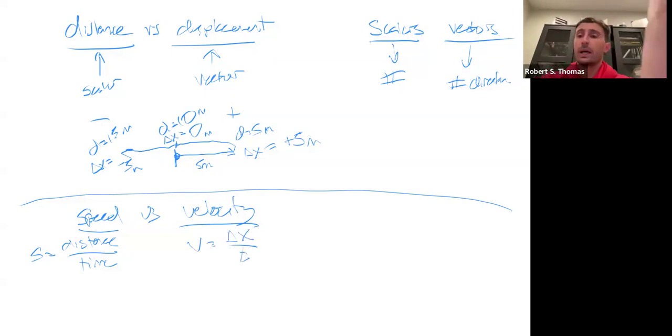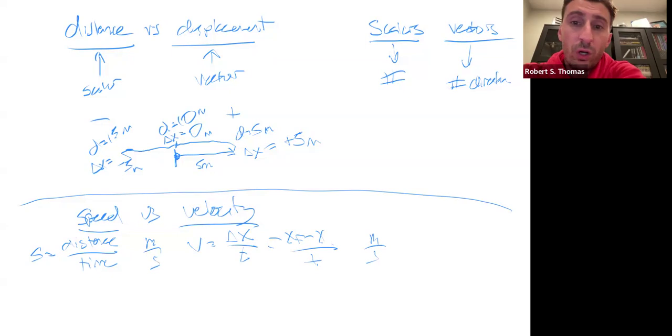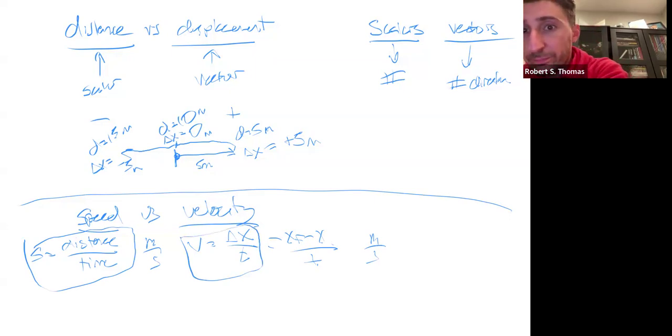And we can expand that out to x final minus x initial over time. These are both in meters per second as our base unit. And this one is always positive because it's a scalar, and this one has a unit of direction, so it can be positive or negative, okay? So what's important here is to understand that to find the speed, you use distance. To find the velocity, you use displacement. All right, and then you just plug in and solve there.